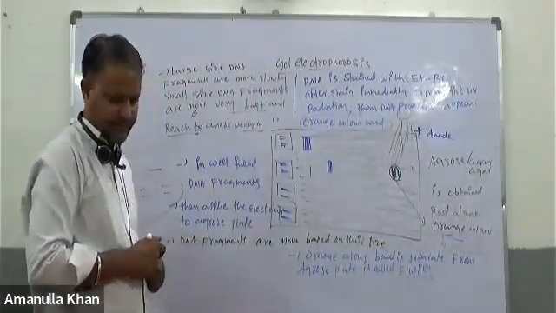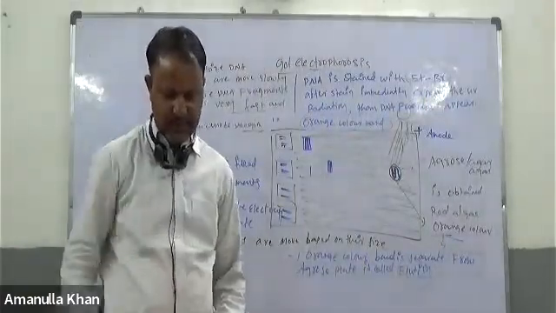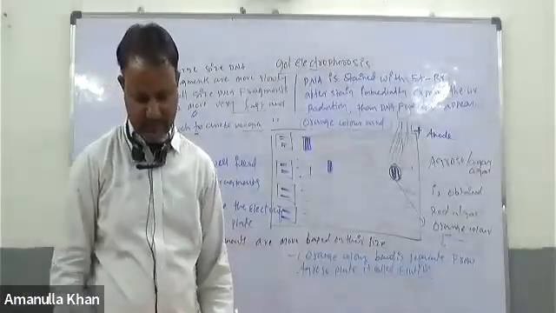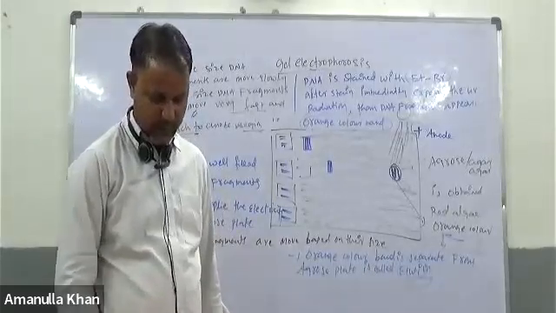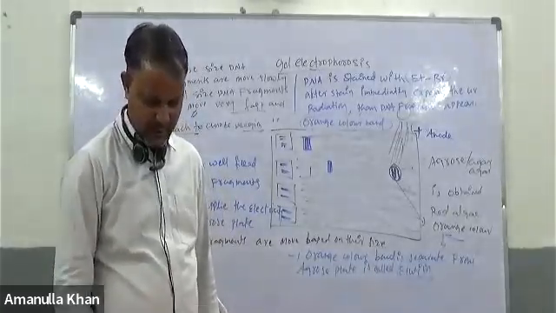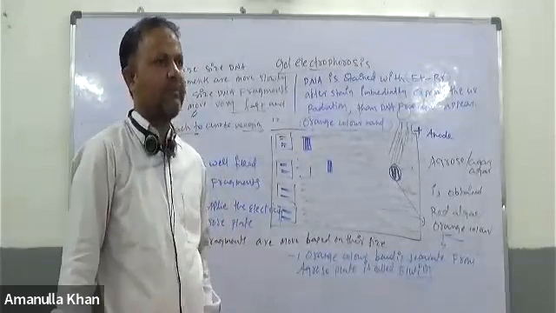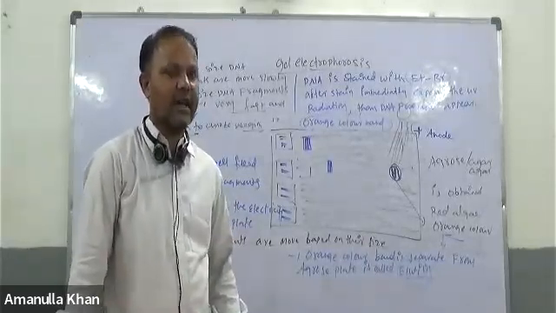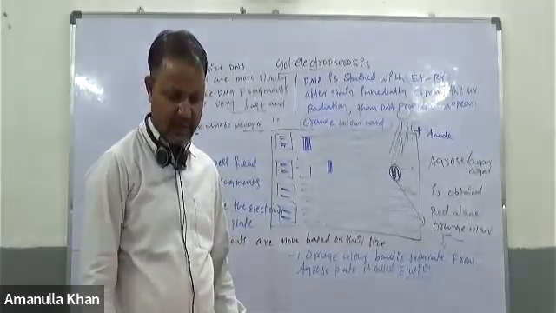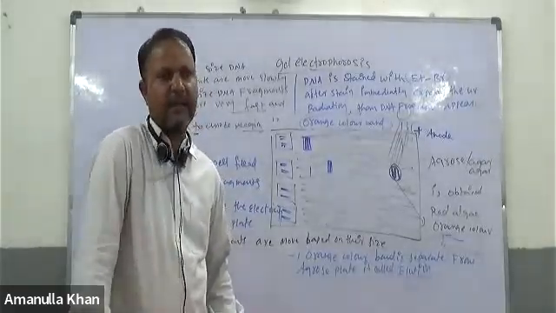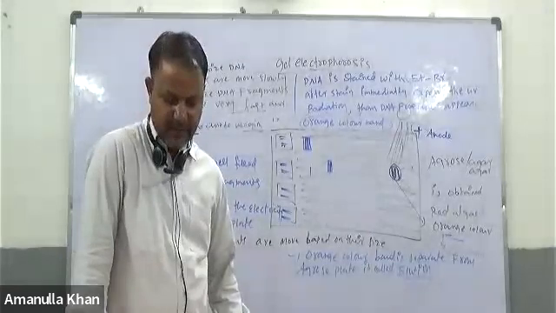Then the next point is vector. What is a vector, what is the importance of a vector, and which features does it have? A vector carries DNA from one place to another.